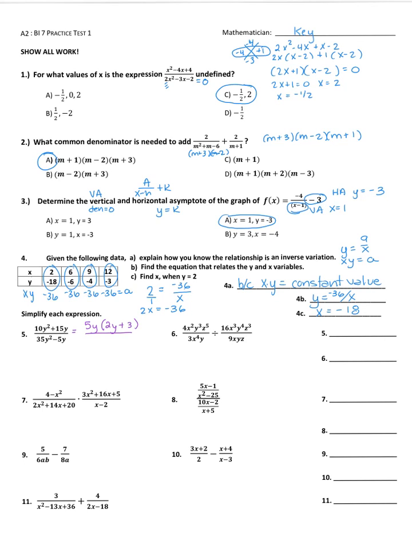And on the bottom I can pull out a 5y as well, and I'm left with 7y minus 1, and so the only thing to cancel out are the 5y's, and that leaves me with my answer of 2y plus 3 over 7y minus 1.